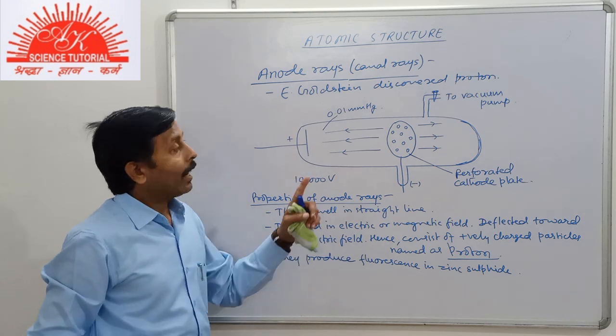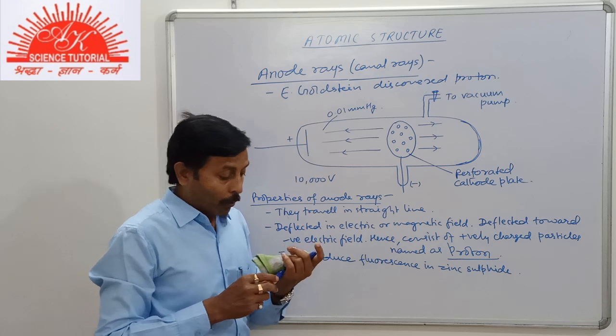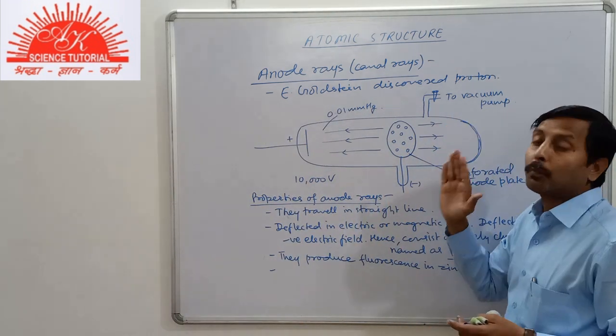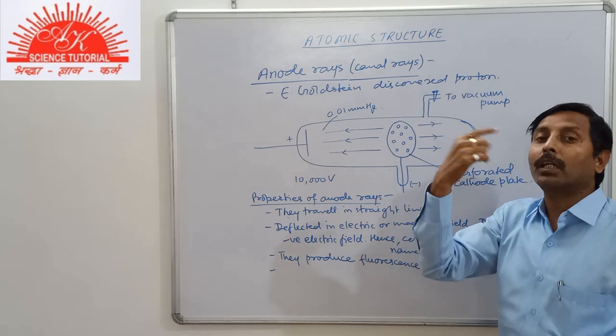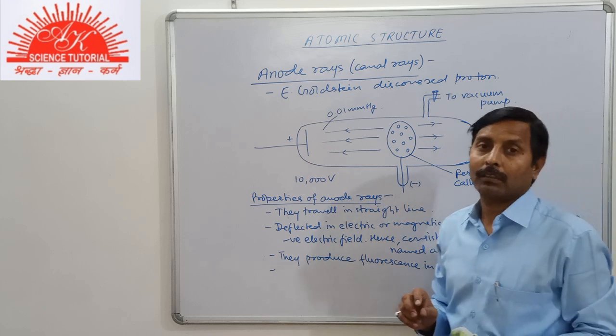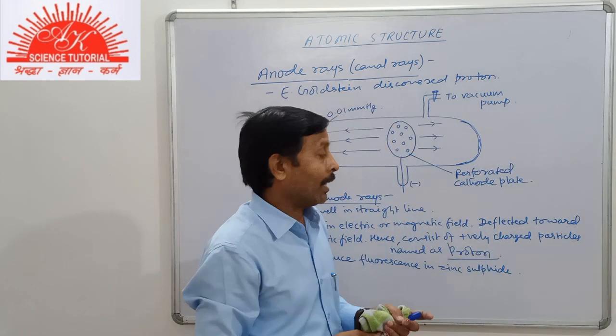Next, when a light paddle wheel was placed in the path of the anode rays, it produced rotation in it. It means they had kinetic energy, that is, they have mass.